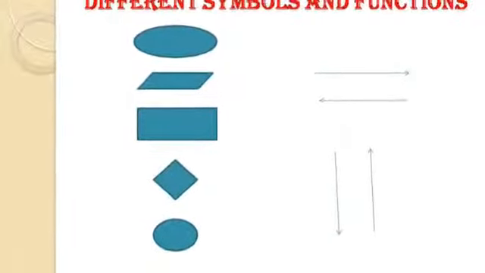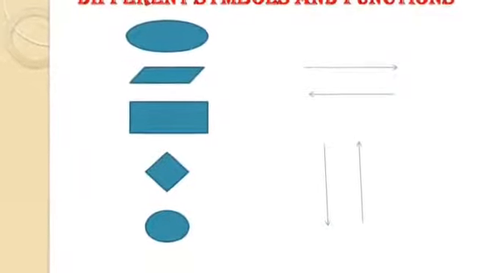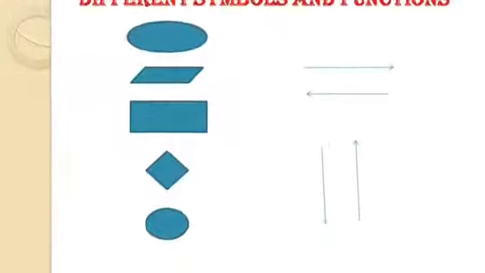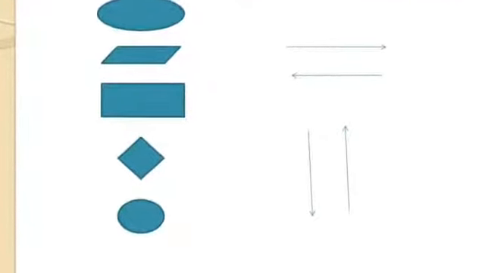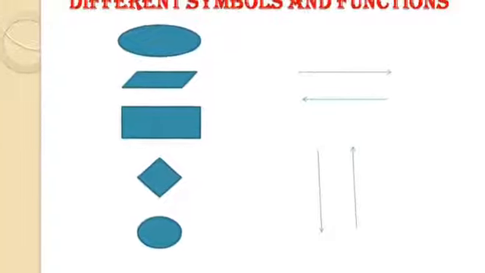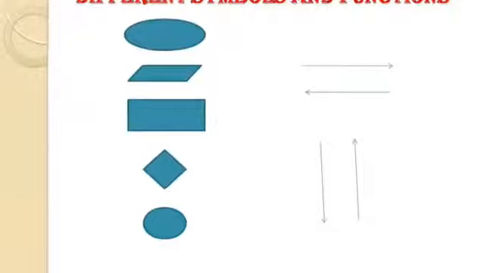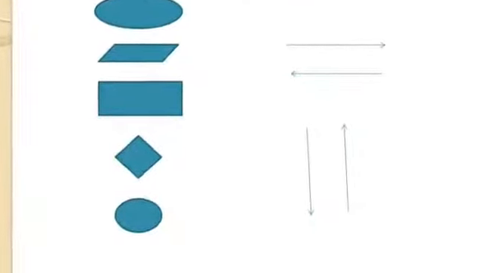The circle is used as a connector to connect one part of the program with another. These arrow lines are used for the direction of flow. The main advantages of flowchart are effective communication, efficient coding and proper debugging. The disadvantage is that alteration and modification are difficult.